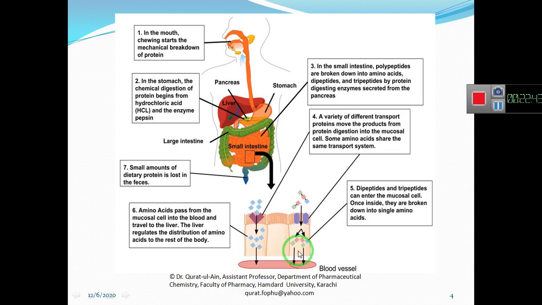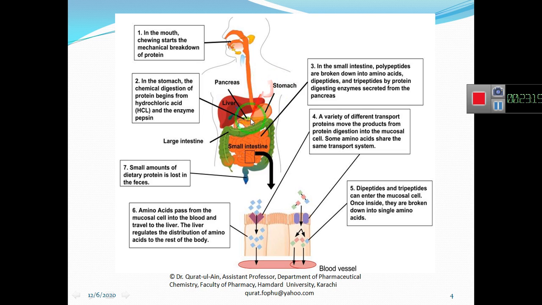The liver would decide to which part of the body these amino acids should be transported. We will be discussing more about the liver in the coming slide, but here you have to keep in mind that this was the whole digestion of the protein.